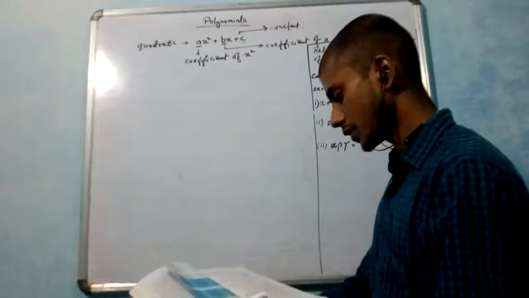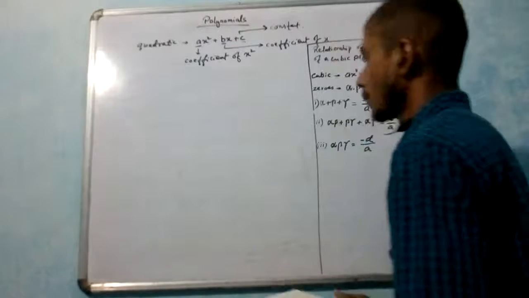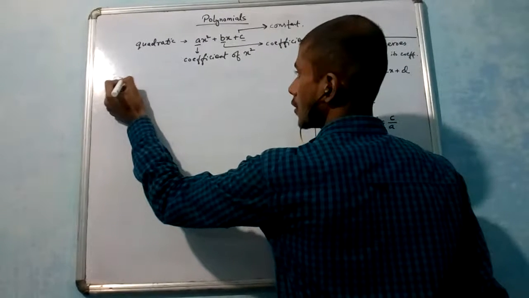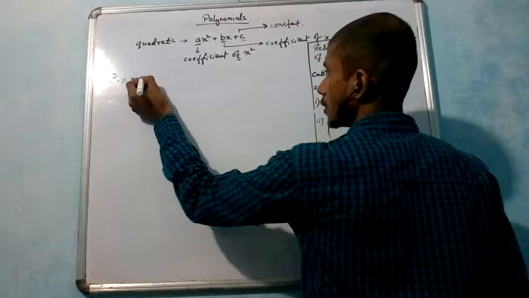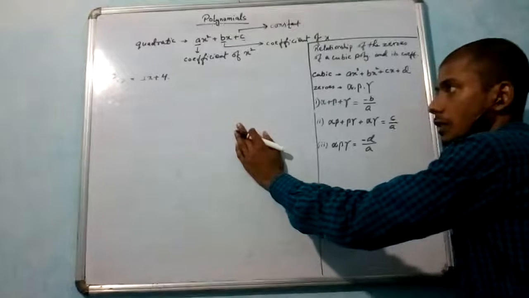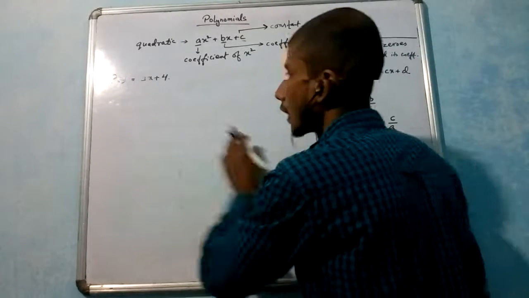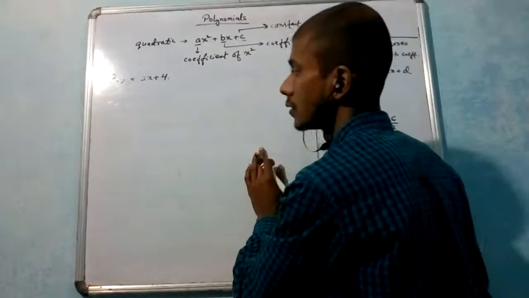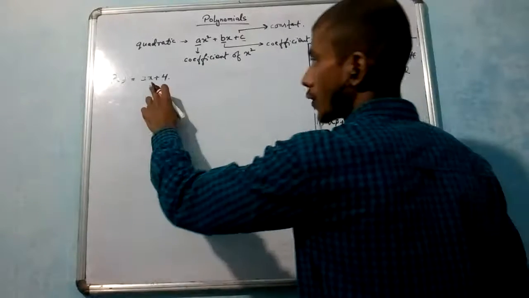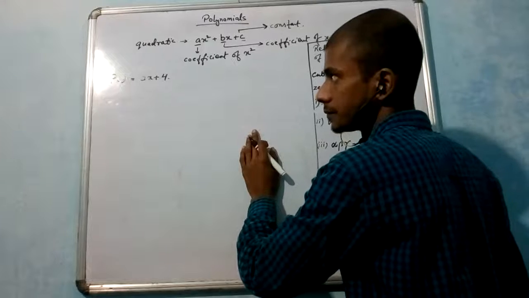So let us take an example and understand. Let p of x be some polynomial, p of x is equal to 3x plus 4. Is this a linear, quadratic or cubic polynomial? Linear. Can we find the zero for this? How to find the zeros?